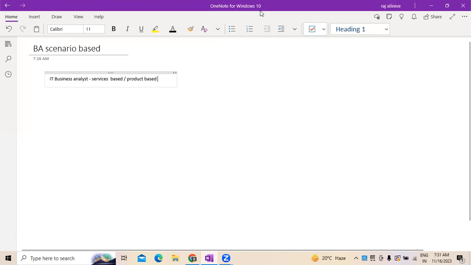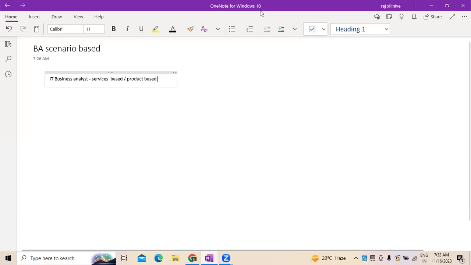Whenever we get opportunities as a business analyst, service-oriented companies will expect BAs to have an intermediary kind of role between business and technical communities.